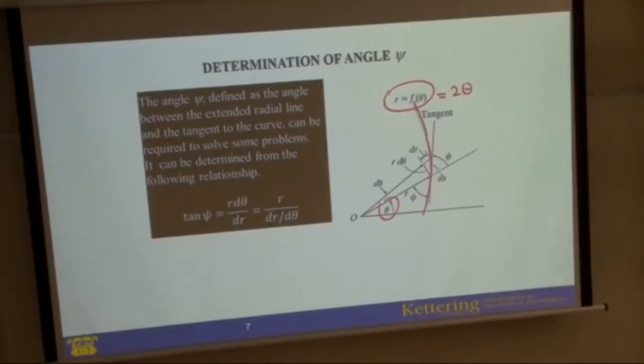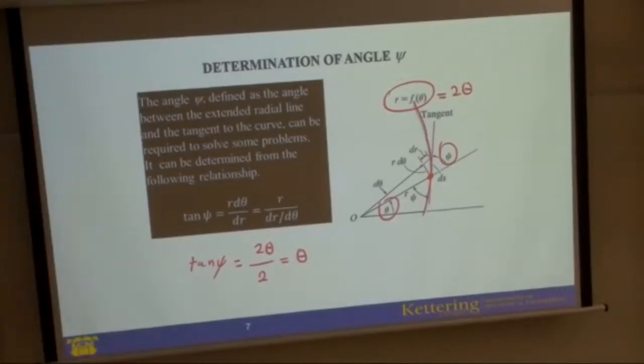Theta is this angle. At this point you have theta, you have r, and you can relate r with 2 theta. Now, how can we find psi using this? Tangent psi equals r over 2, that is 2 theta over 2, since the derivative of r with respect to theta is 2. Tangent of psi equals theta.